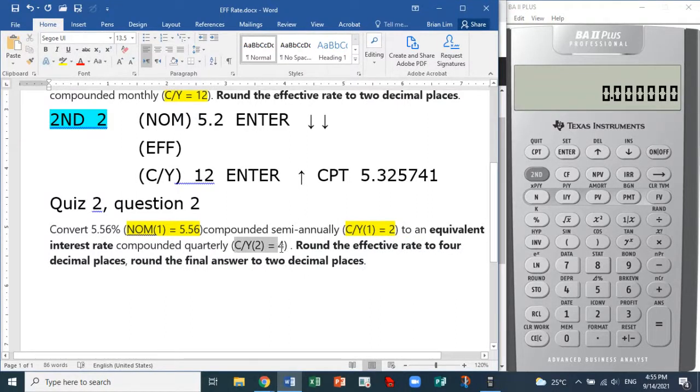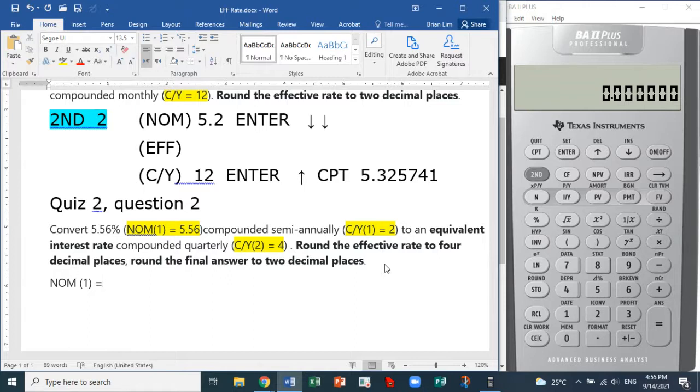Okay, so what is really happening? We have a very interesting situation here. Here's what we have. Sorry, we have nominal 1, which is equal to something.